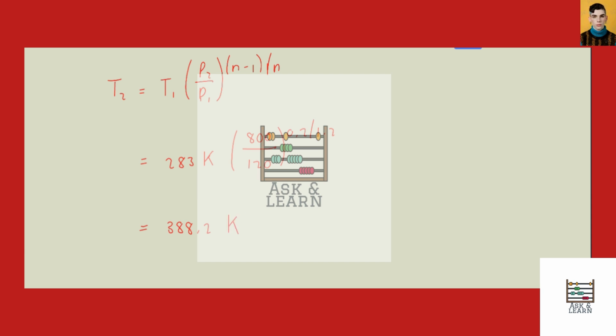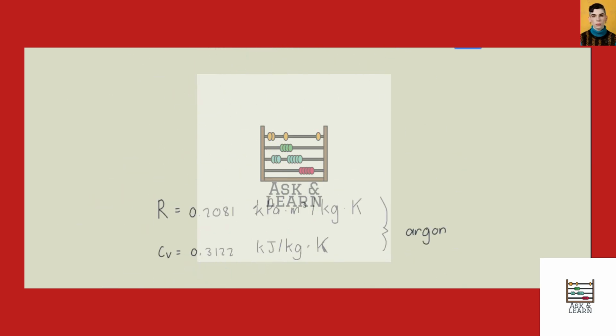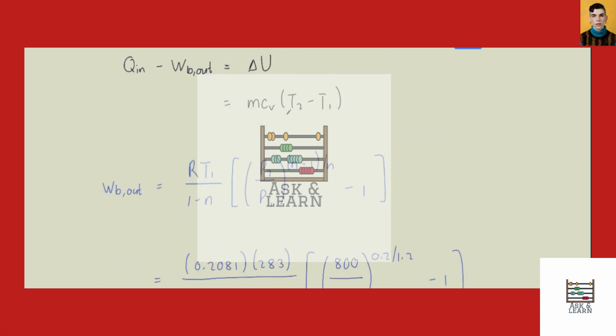Kelvin. Now that we have our temperature of the final state, we can go back to the energy balance equation and calculate the heat in. So the specific heat transfer q in is equal to the specific boundary work, the boundary work per unit mass, w_B,in plus, so we basically divided the entire equation here by m.